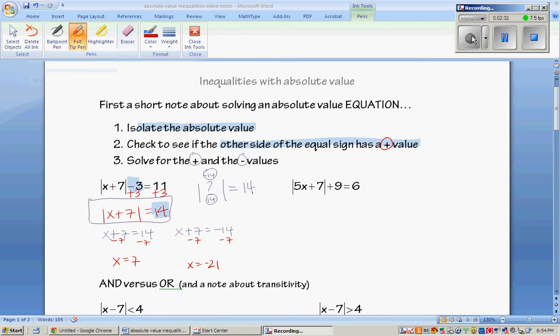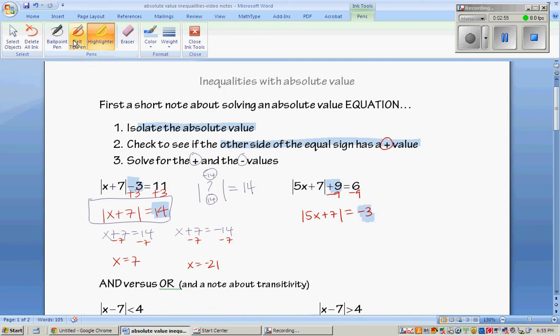Now for an alternative problem. Again, we are going to isolate our absolute value by getting rid of this positive 9. So I'm going to subtract 9 from both sides. When I do that, I get the absolute value of 5x plus 7 is equal to negative 3. Step 2 says, check to see if the other side of the equal sign has a positive value.